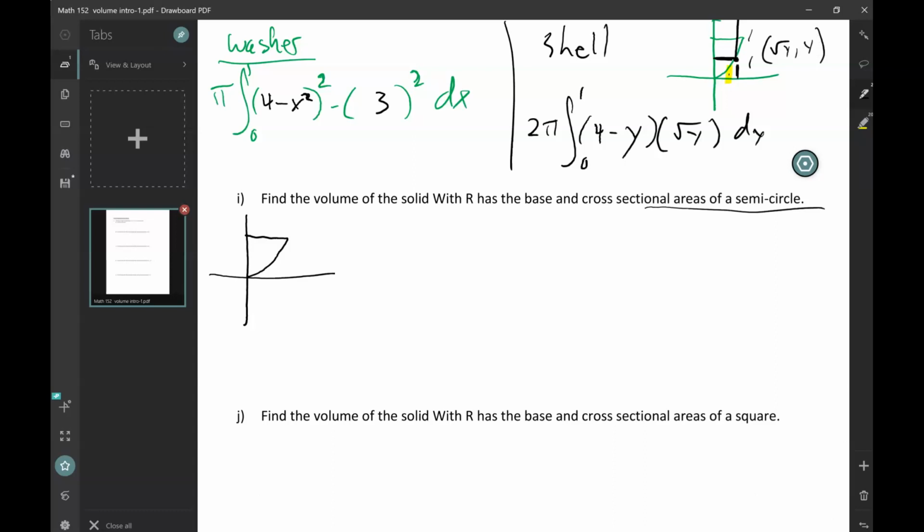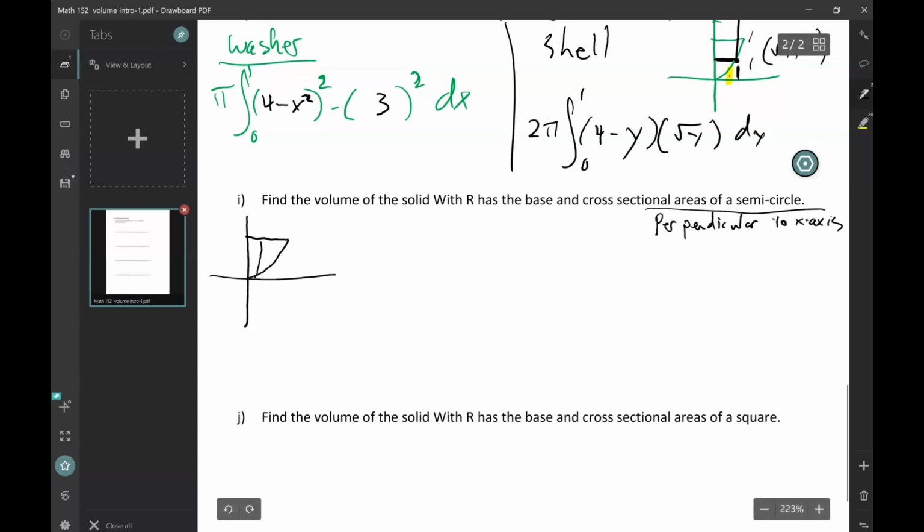So we're going to say cross-sectional area is perpendicular to the x-axis. So what that means, and I showed you this in the visualizing video, is you're going to draw these little lines perpendicular to the x-axis, and in each one of these lines there's going to be a little semicircle that pops up.